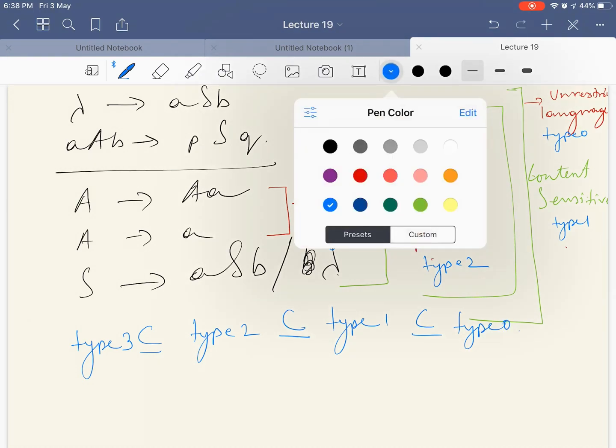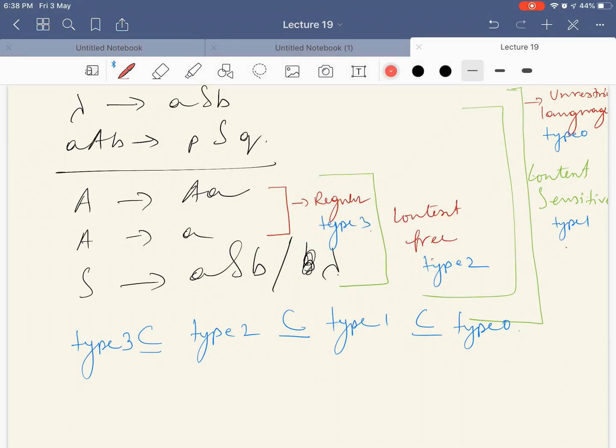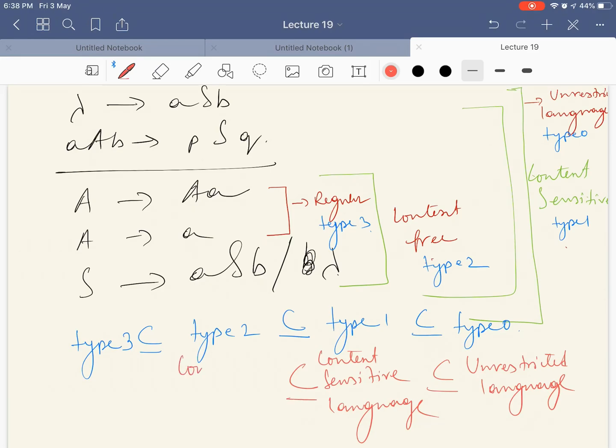Or on the other hand, we can write it as: unrestricted language or recursively enumerable language is a superset of context sensitive language, which is a superset of context free language, which is also a superset of regular language.